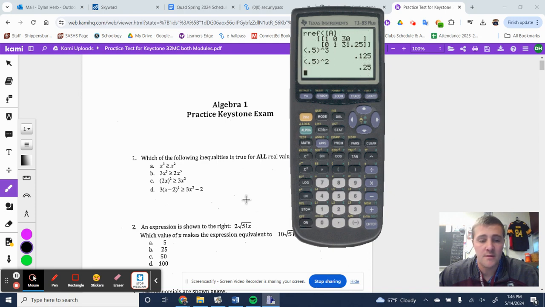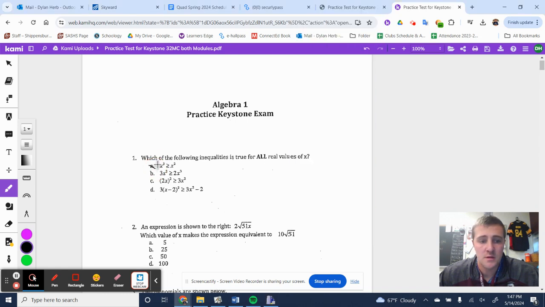But a negative number should solve this one. If I put a -2 in the left side, that's -8. But on the right side, if I put a -2 in there, it's going to be a positive. So that's going to prove the first one false. A negative will prove that one wrong.